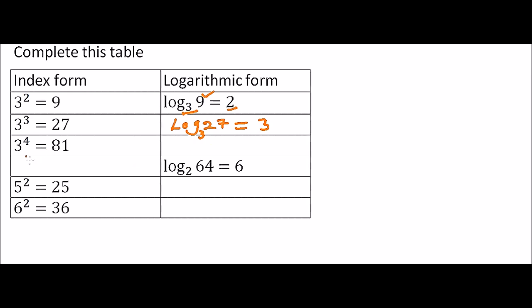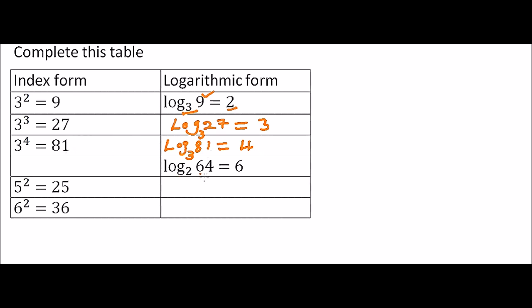This one we are told in index form 3 to power 4 is equal to 81. So we can write log of 81 to base 3 is equal to 4. So note here that the index is what we are calling the logarithm of the number.